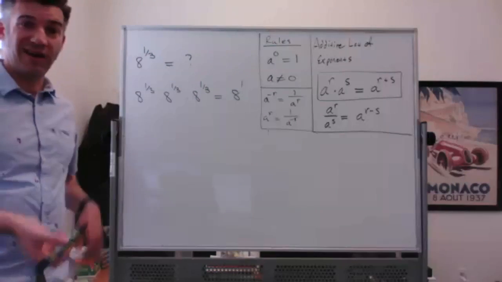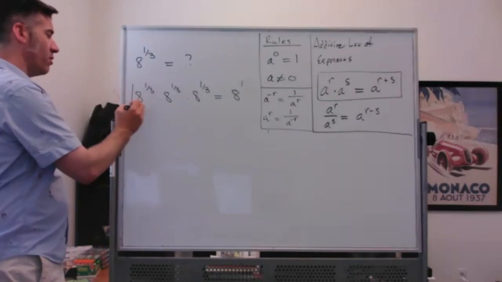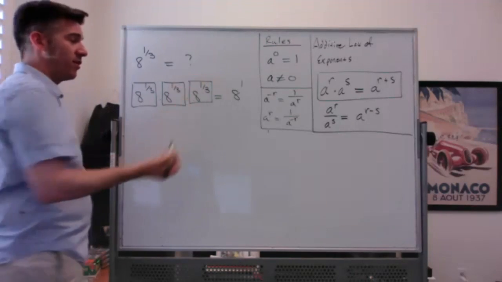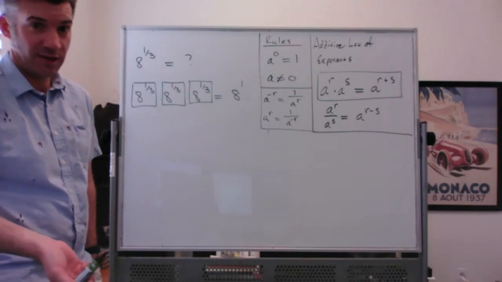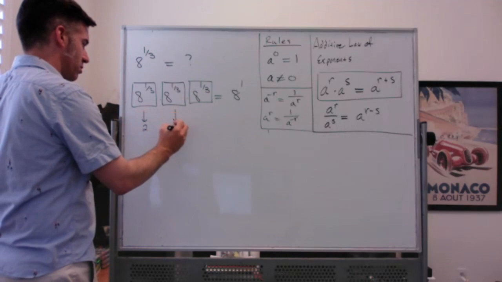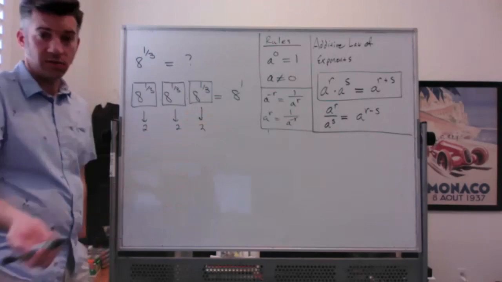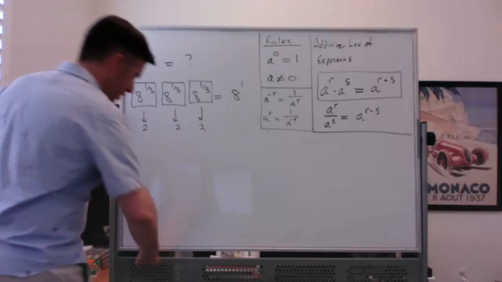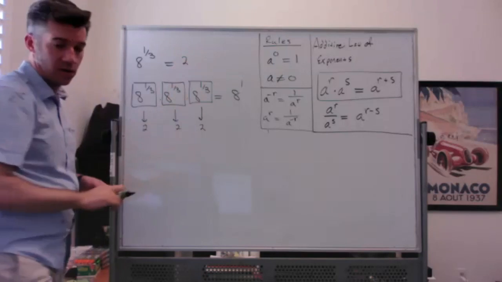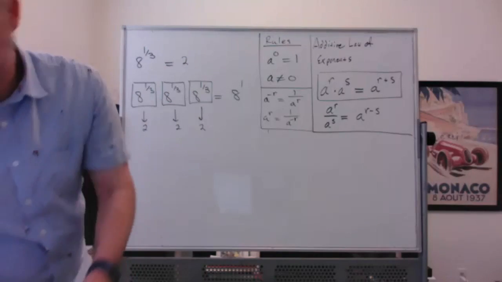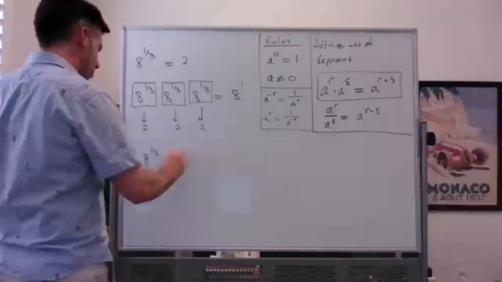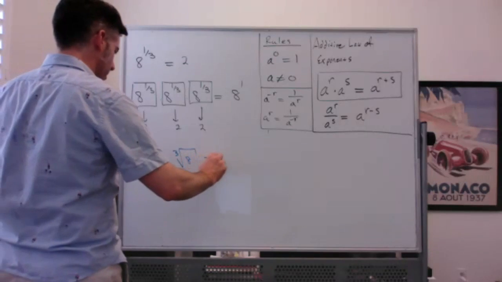So now if you're trying to find 8 to the 1/3, you're looking for a number multiplied by itself, not 2 times, but 3 times to get you to 8. And that number happens to be 2. 2 times 2 times 2 is 8. So 8 to the 1/3 is equal to 2. Or if you prefer, 8 to the 1/3 is the cube root of 8, and it is equal to 2.